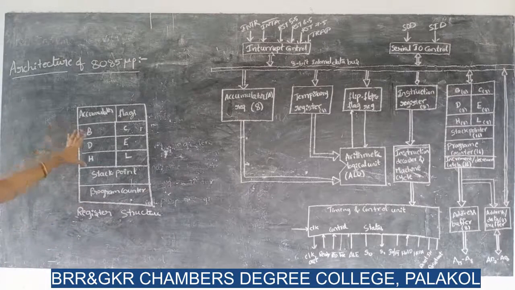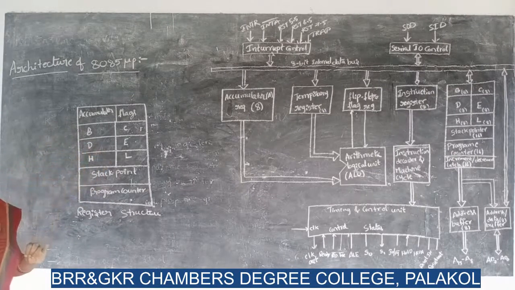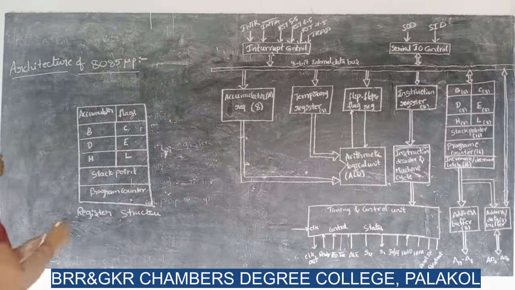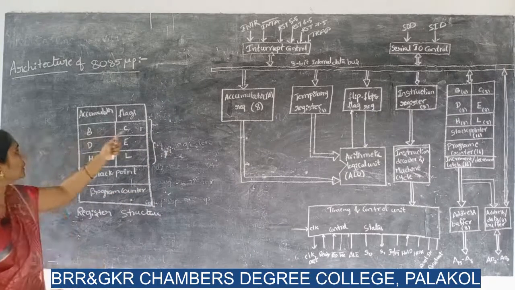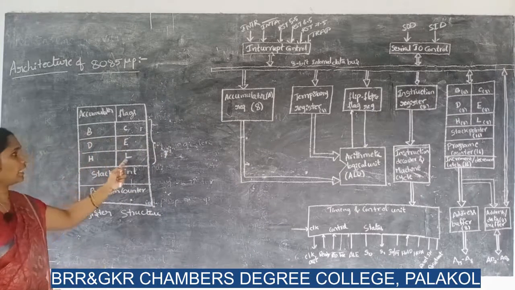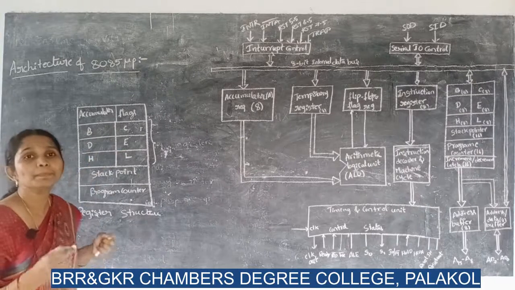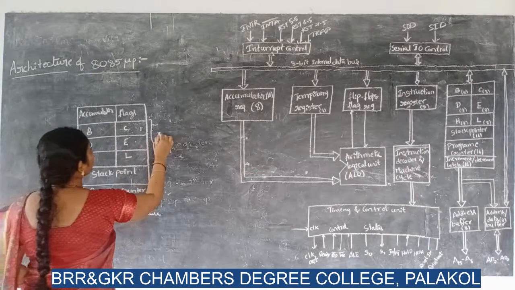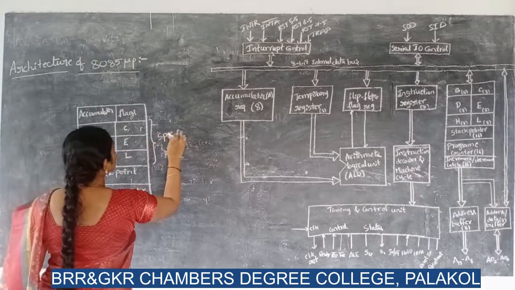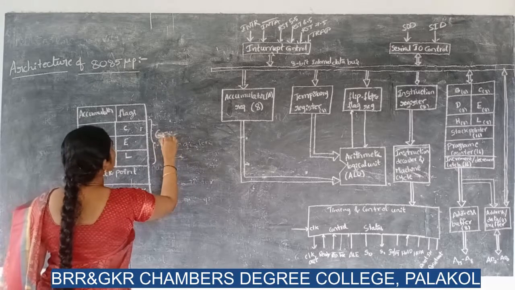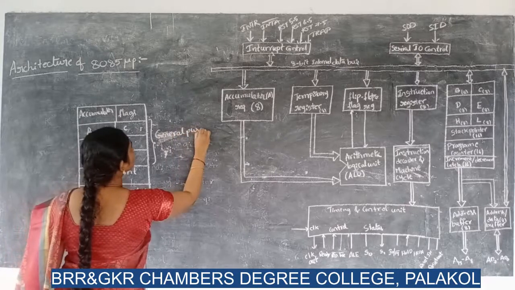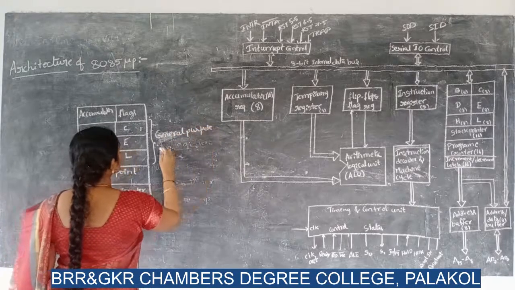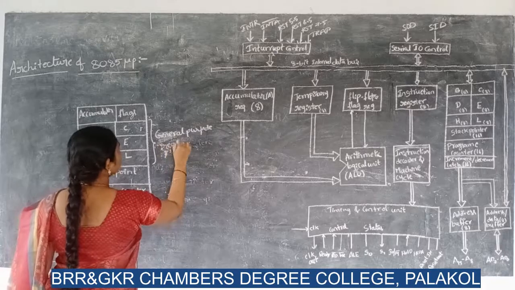In this, the registers are general purpose registers, temporary registers and special purpose registers. That means B, C, D, E, H, L are the general purpose registers.